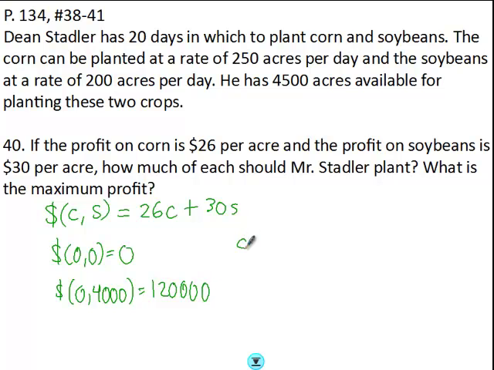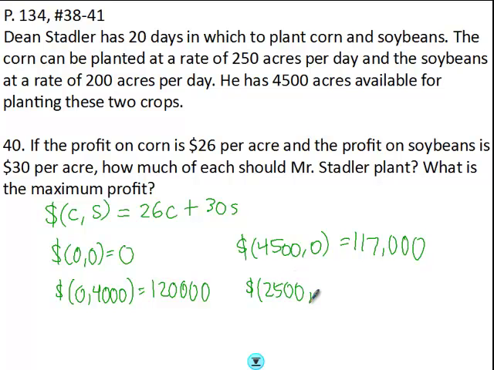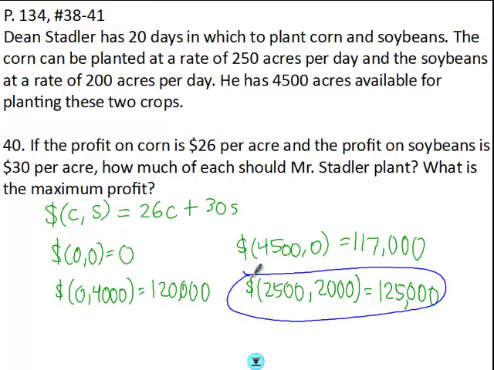If I planted all corn, I could get all 4,500 acres planted, and that's $117,000. And then finally, if I plant 2,500 acres of corn and 2,000 acres of soybeans, I'm going to make 2,500 times 26 plus 2,000 times 30, and that's $125,000. So it appears that the maximum amount of money is going to be if Mr. Stadler plants 2,500 acres of corn and 2,000 of soybeans.